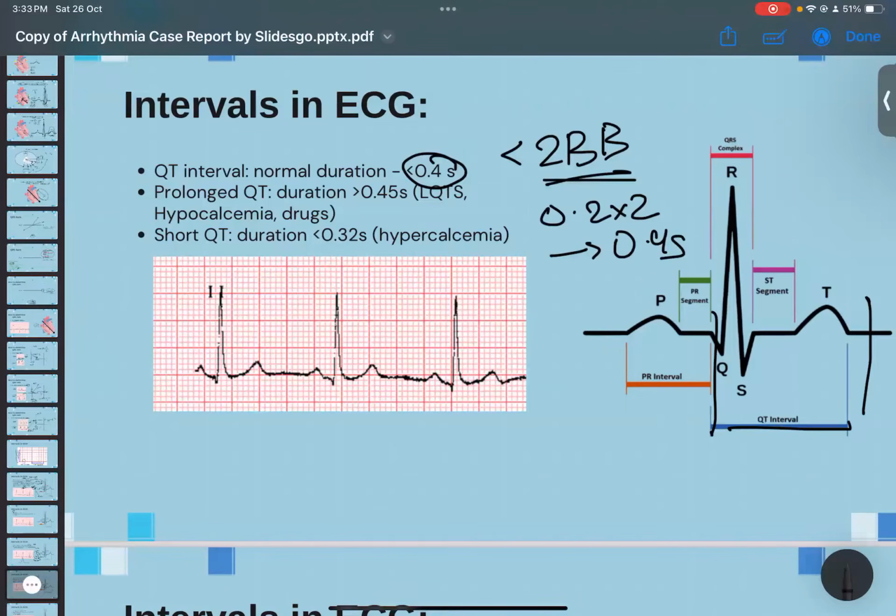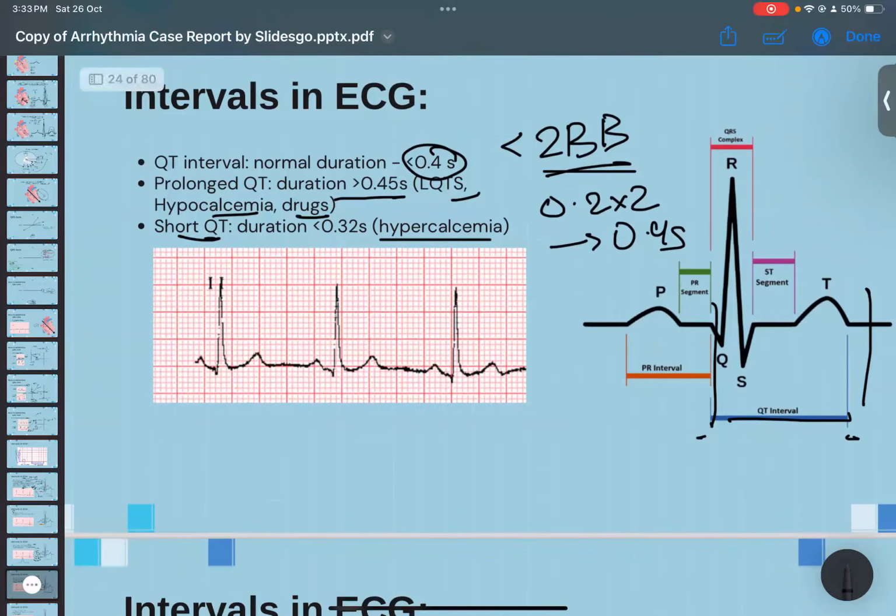If it is longer than 2 big boxes, if it's over 0.45 seconds, that probably indicates long QT syndrome, hypocalcemia, or drugs. Electrolyte abnormalities can cause a long QT syndrome. If there's a shorter QT, or a shorter time between the Q and the T, then it's probably hypercalcemia, increased calcium, which can cause depolarizations at a faster rate.